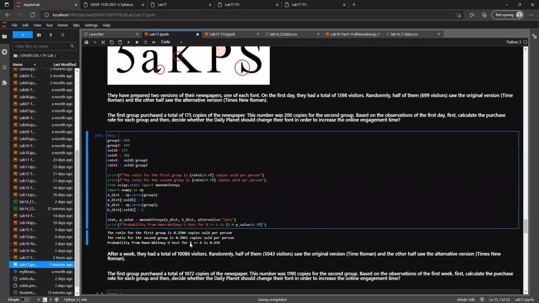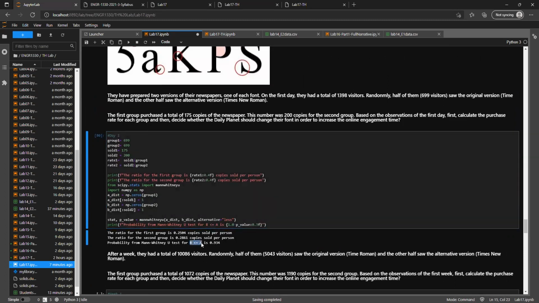Okay. So the likelihood that the new theme increases the purchase numbers, oh, this is an interesting way to do it. Instead of saying with a certain percent confidence, we're saying that the likelihood that one is better than the other is 93%. That's pretty good.